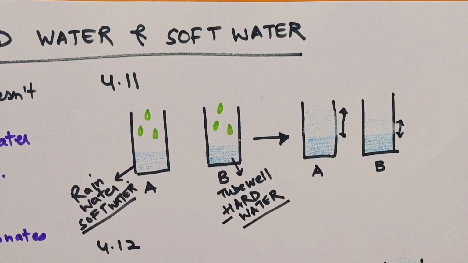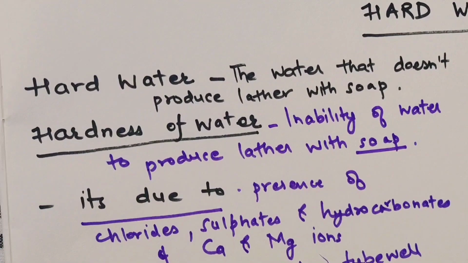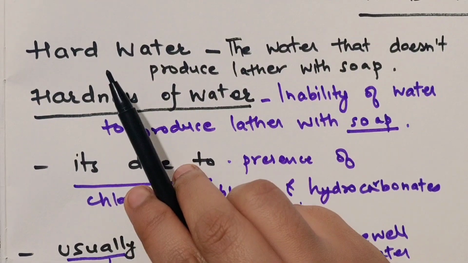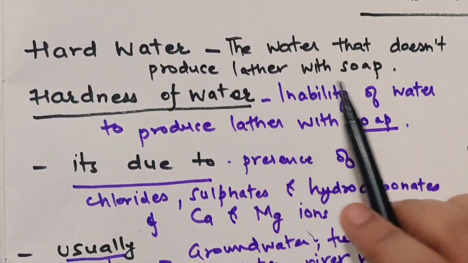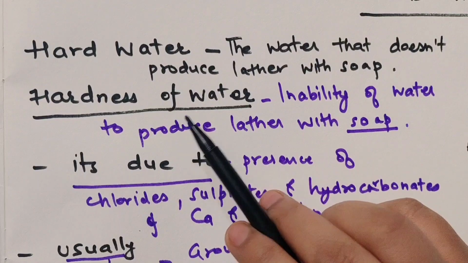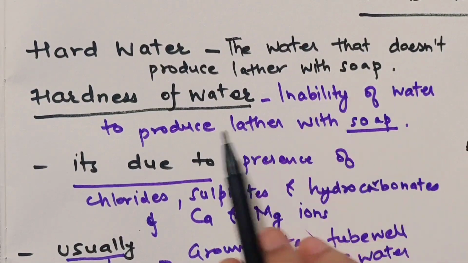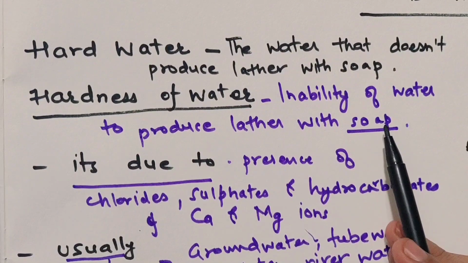Now let's talk about the definition of hard water and hardness. Hard water is the water that does not produce lather with soap. If you were to define hardness, you would say it's the inability of water to produce lather with soap. What is it because of?